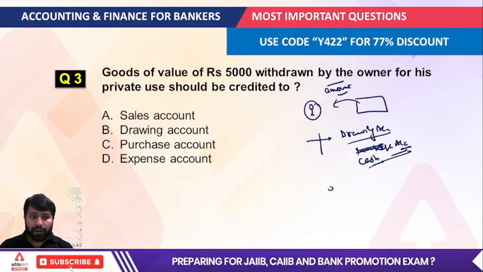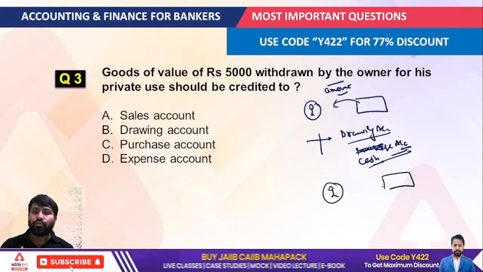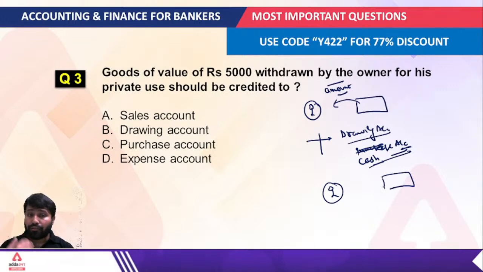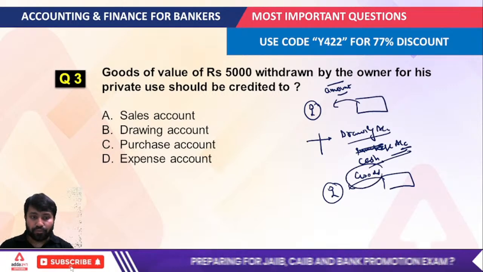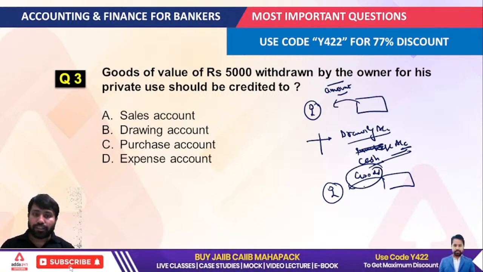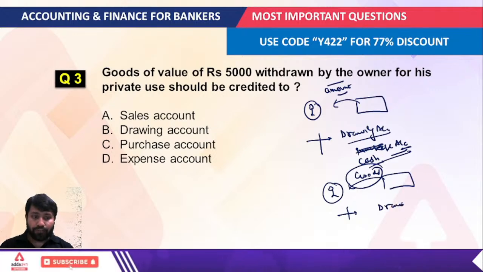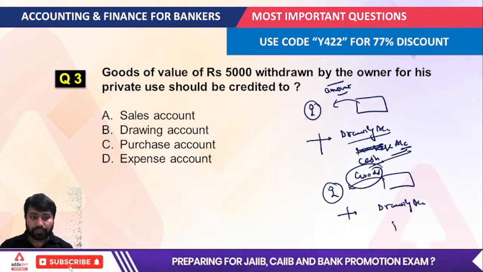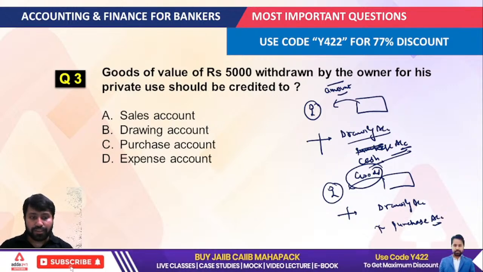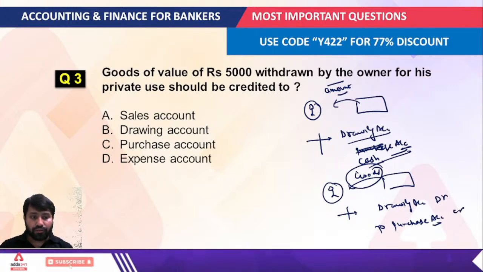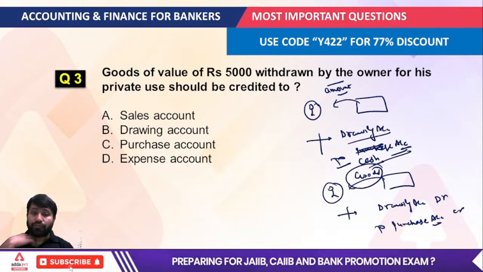But when the owner is withdrawing goods of some value, suppose 5,000, in this scenario one account would be your drawing account, and the other would be your purchase account, because your purchases would reduce by 5,000 rupees.